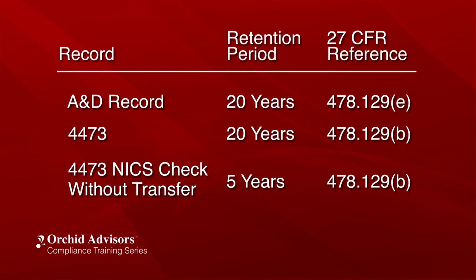Without transfer, 5 years. Completed 4473s may be filed in one of 3 manners: alphabetical order, by purchaser name, chronological order, disposition date, or chronological order, serial number. The ATF is allowed to inspect as well as request a copy of the Form 4473 from the dealer or retailer during the course of a criminal investigation.